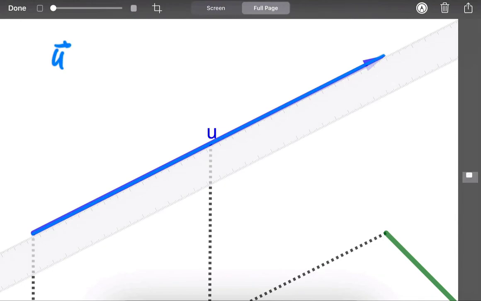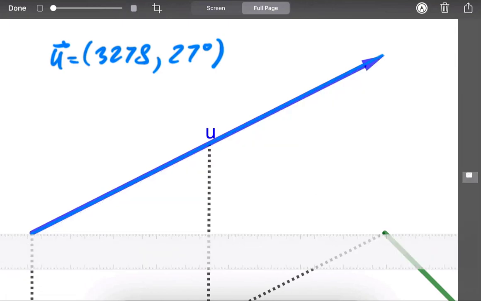U is 3278 units long and 27 degrees in first quadrant. The first number is the magnitude of the vector, call it U, and the second number is the polar angle, and we call it theta.